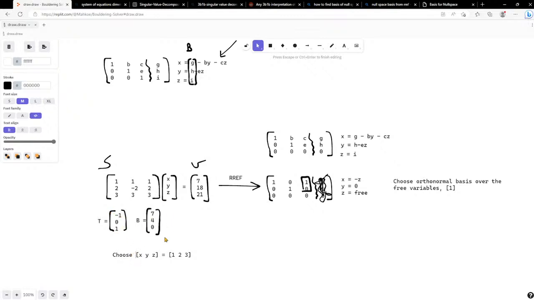Wait a minute. So we're choosing our free variable. Well, of course. So does 740 satisfy this? That's all we care about. Well, 7 times 1 is 7 plus 4 is 11, so that doesn't work.